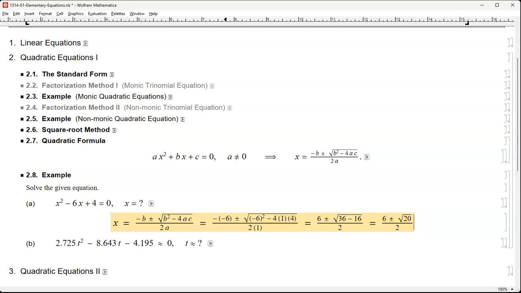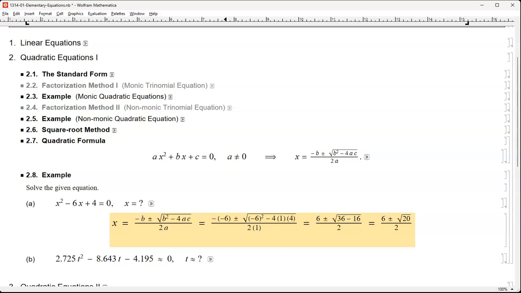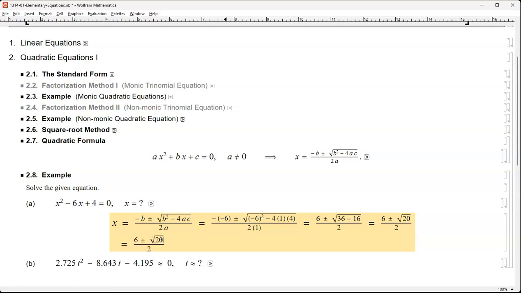Now, can you simplify this further? Well, 20 is 4 times 5. And 4 is a square number, so it can come outside of the square root.